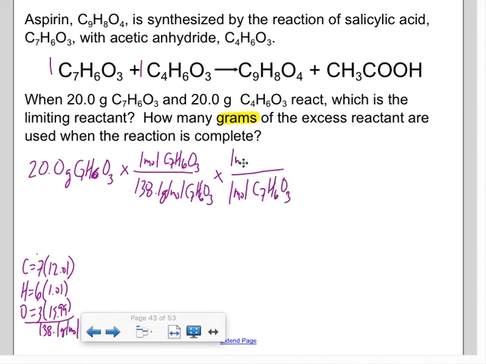And my 1 mole of C4H6O3 is going to go on top. So now I'm in moles of C4H6O3, but I want to figure out how many grams, right? Not only that, they gave us grams to start with, and in order to do the comparison, your units have to be the same. So I'm in moles of C4H6O3. That means 1 mole of that will be on the bottom.